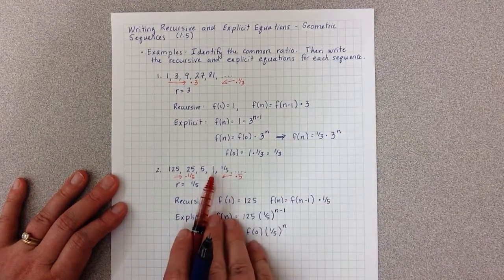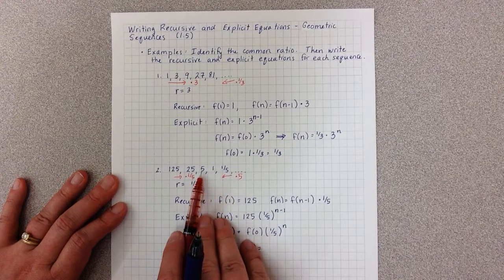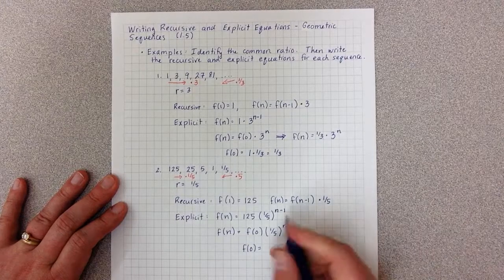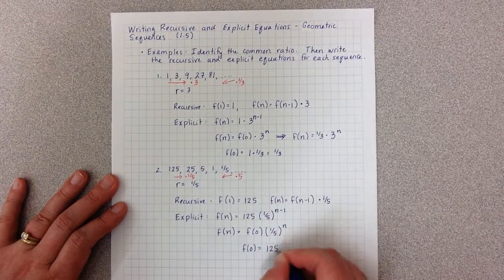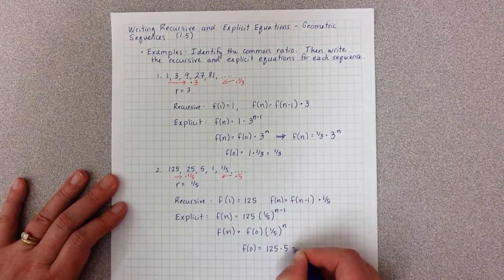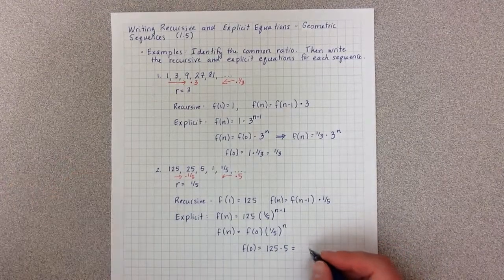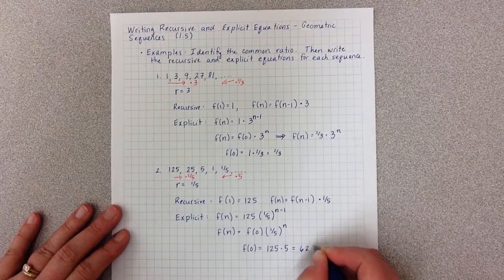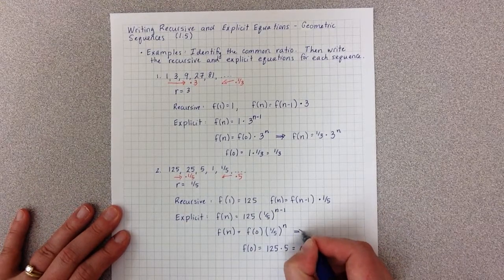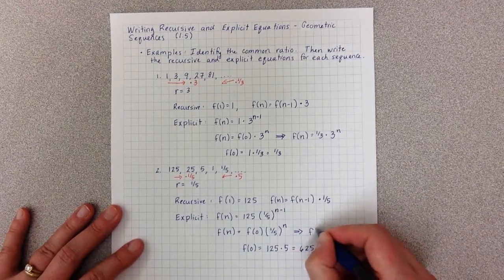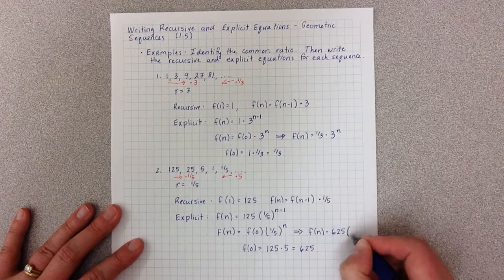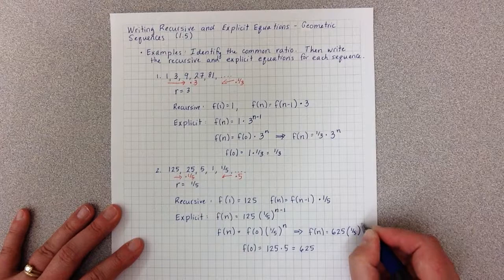And we can see that right here. 1 times 5 is 5, 5 times 5 is 25, etc. So if I start at 125 and I multiply by 5, that gets me 625. So now I can finish this form of the explicit. f of n equals 625 times 1/5 to the power of n.